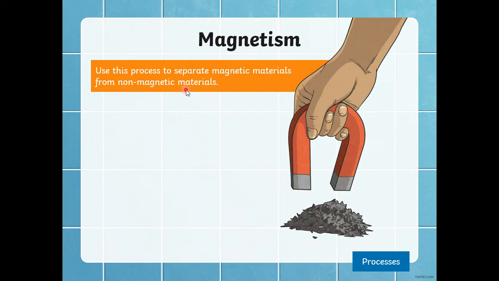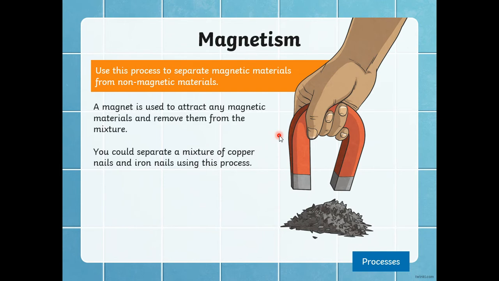So if we have a mixture of stuff that is magnetic and stuff that is not magnetic, we would use a magnet to pull out the parts that are attracted to the magnet. And that's a very good idea. A magnet is used to attract any magnetic materials and remove them from the mixture. You could separate a mixture of copper nails and iron nails using this process. The process is very intuitive and very simple.